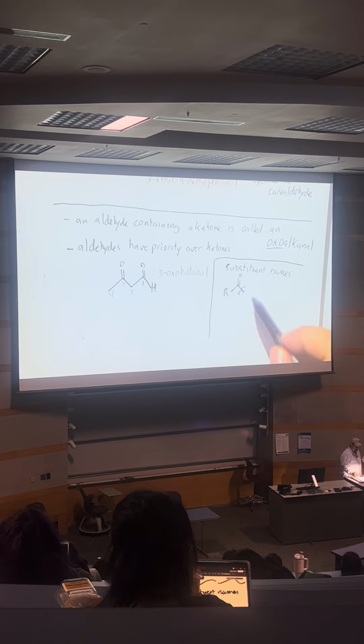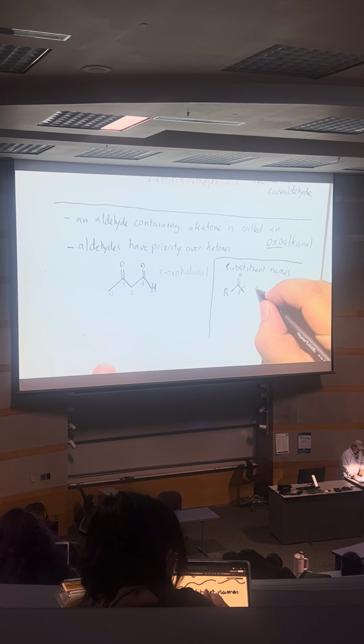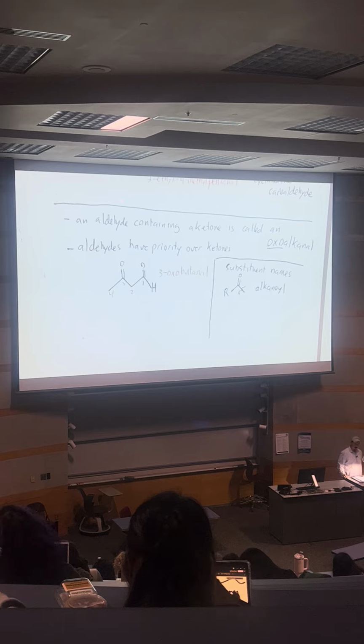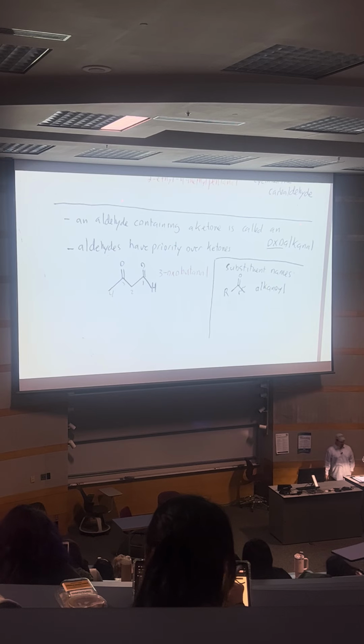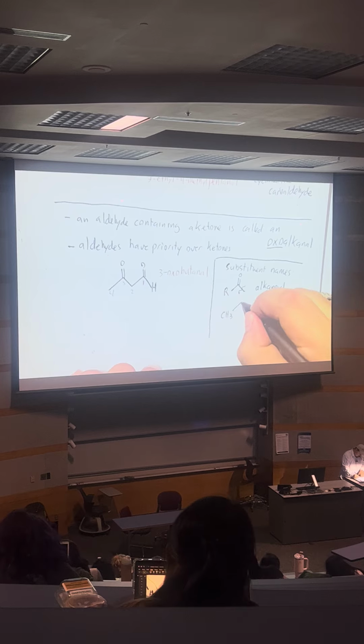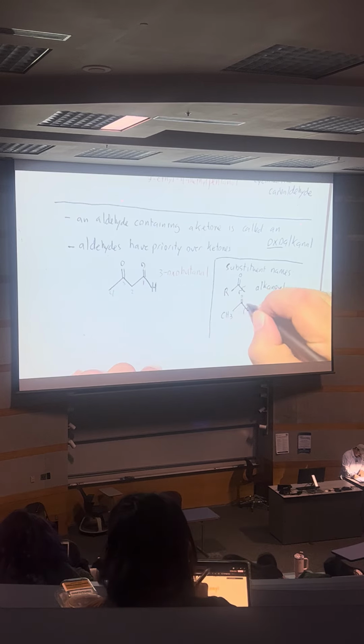If you have a ketone popping off a bit of larger architecture, you might see the term alkanoyl, A-N-O-Y-L. If the R group of that ketone is known, and it's known to be a methyl, such as in this example right here, this is known as an acetyl group.